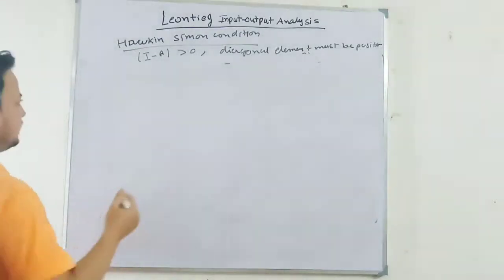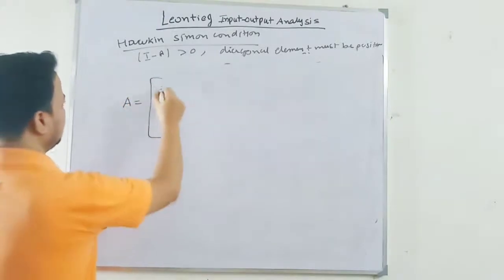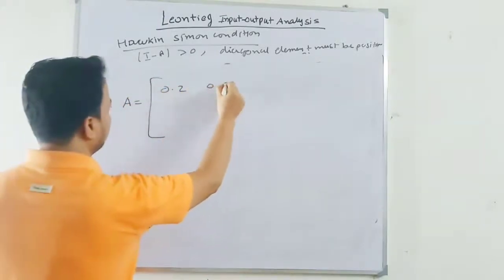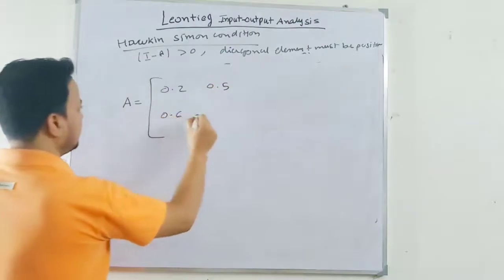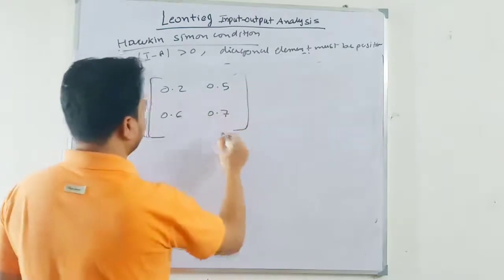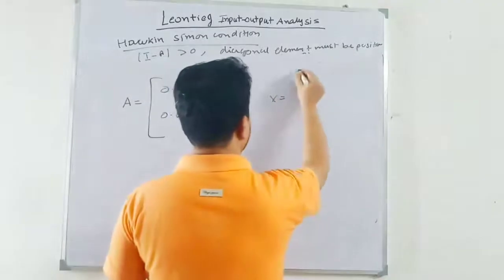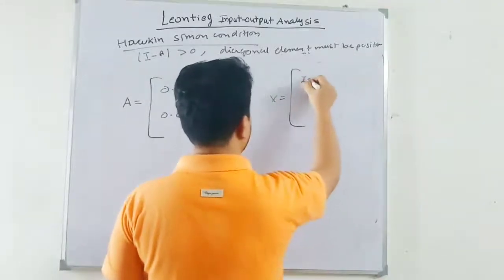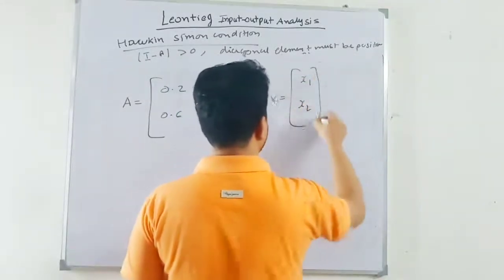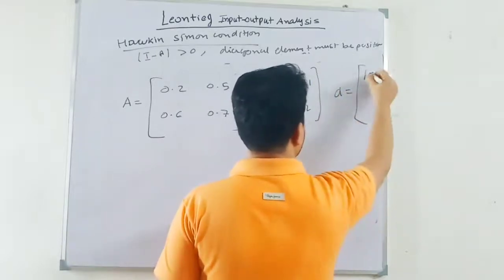So first, suppose in examination, this is given to you: 0.2, 0.5, 0.6, 0.7, okay. This is given to you, A is given to you. Suppose 2 industries, because we are looking at 2 industries, and final demand is given to you: 10, 20.